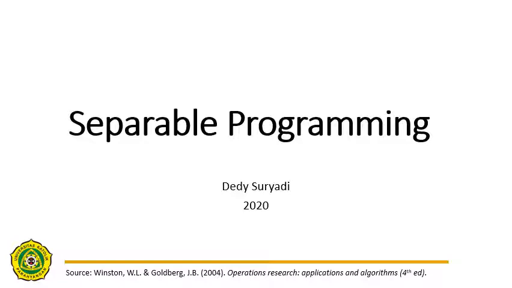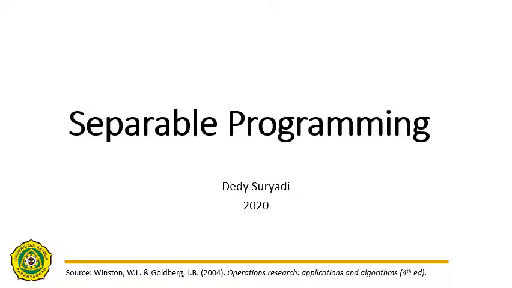So the idea is the original problem is nonlinear programming. The objective function or the constraints are nonlinear. Then we do something such that everything becomes linear, and then we have a linear programming problem, which we may solve using the simplex algorithm.